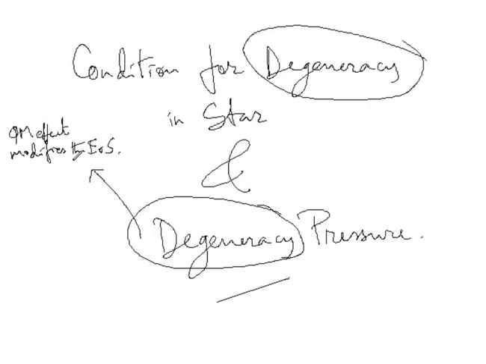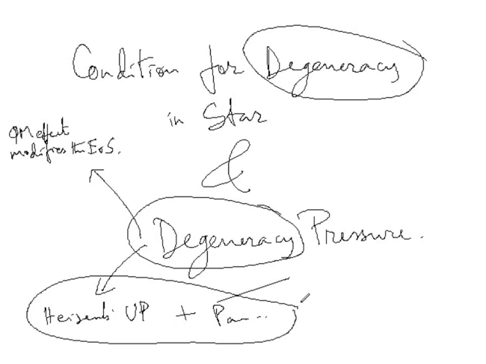I am talking about the electron gas only. Degeneracy for such a gas is due to a combination of Heisenberg's uncertainty principle and Pauli's exclusion principle.